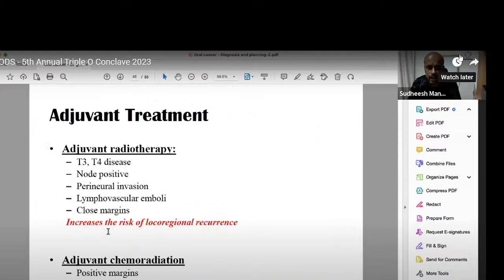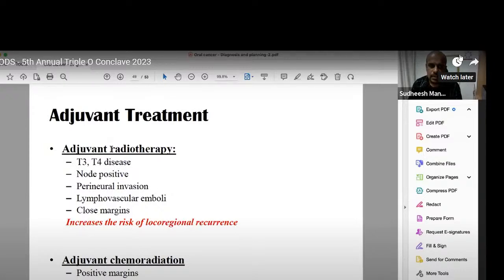Adjunct treatment: again, there are 5 indications for adjunct radiotherapy. That is T3, T4 disease, node positive disease, perineural invasion, lymphovascular emboli, and close margin. When these factors are present, there is an increased risk of locoregional recurrence.